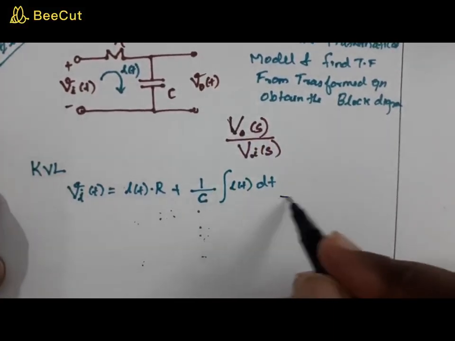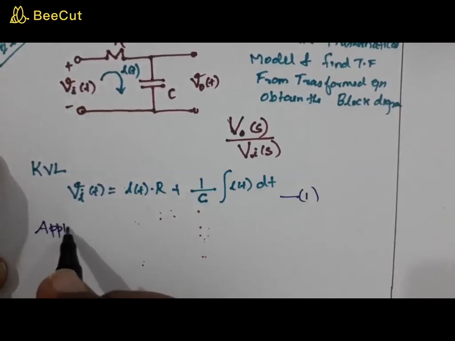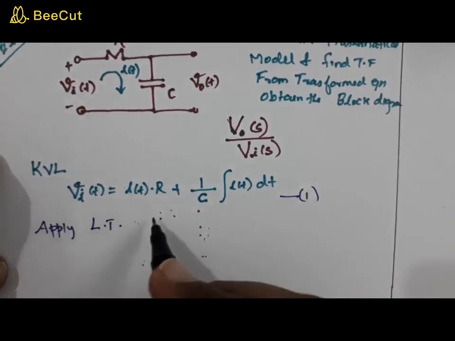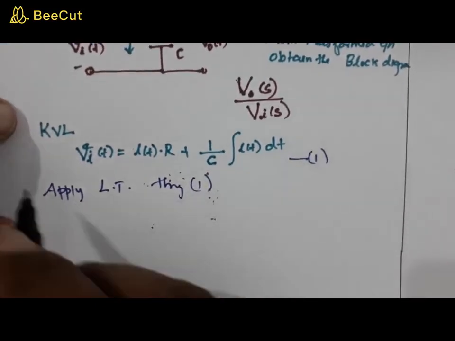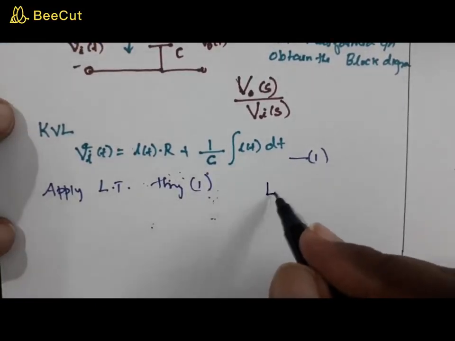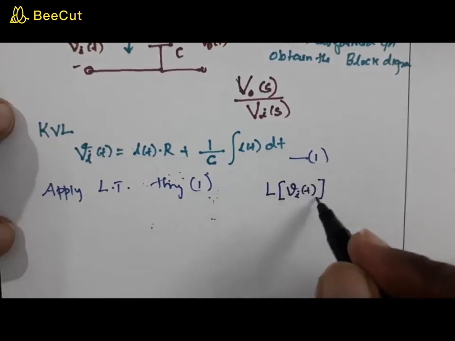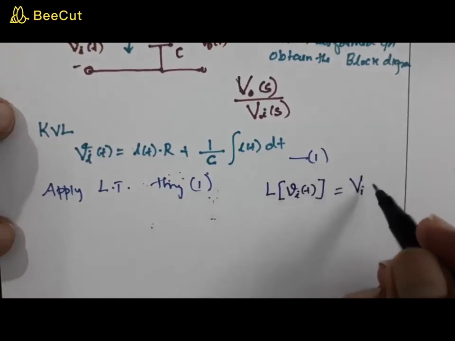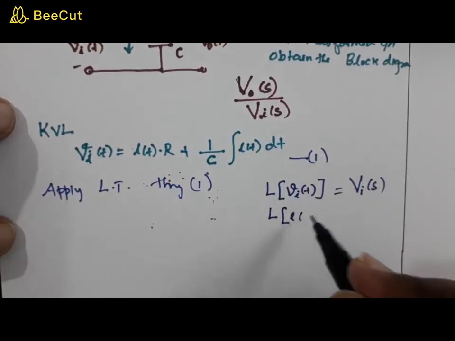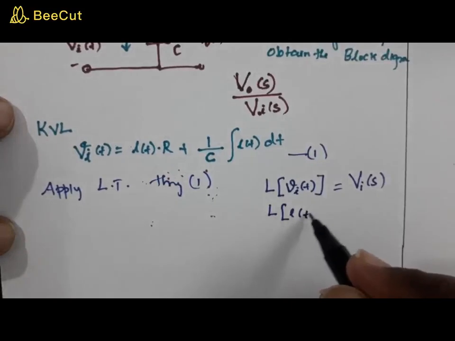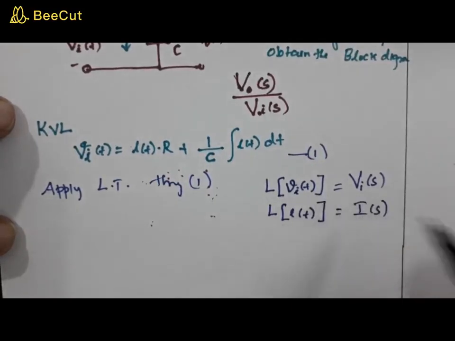Now call this equation 1, and apply the Laplace transform throughout equation 1. Before doing that, you need to assume that the Laplace transform of Vi of t is equal to capital Vi of s, and the Laplace transform of the next function we have, i of t, is equal to I of s, right?